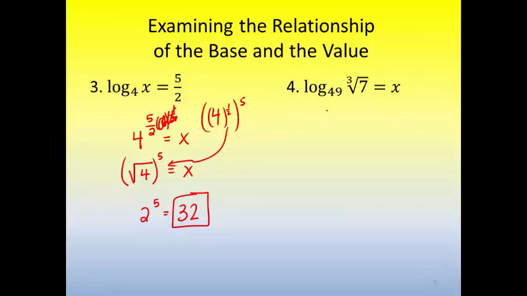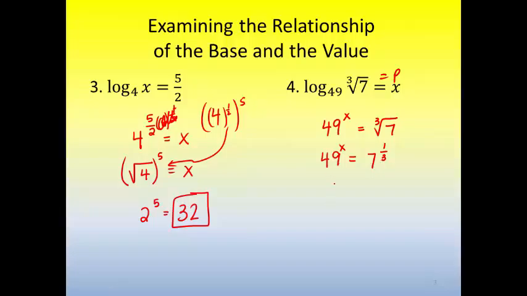The next one, 49 to the power of x, this is always my exponent, equals the cube root of 7. This requires me to consider the relationship between the x and the 7. And I'm going to take 2 steps to rewrite it. I'm going to say 7 to the 1/3 power.